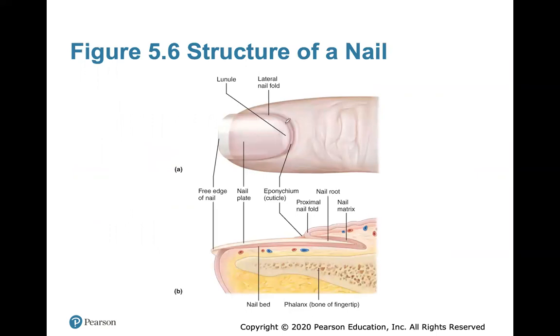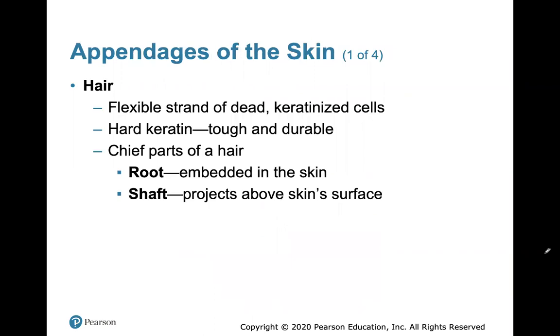The lunula is this crescent-shaped white part that we're all familiar with seeing. And then the eponychium is the cuticle. The big thing I want to point out is the nail matrix is where nail cells are actively growing. So in the nail matrix, new cells grow and continue to push old cells out toward the free edge.